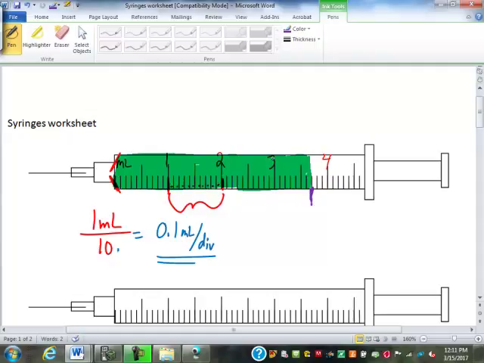We find the nearest number below it. This is 3, and we can count up or count the markings and multiply however we want to do it. This is 3, that's 3.1, 3.2, 3.3, 3.4, 3.5, 3.6, and 3.7. So that's 3.7 milliliters contained in that syringe.